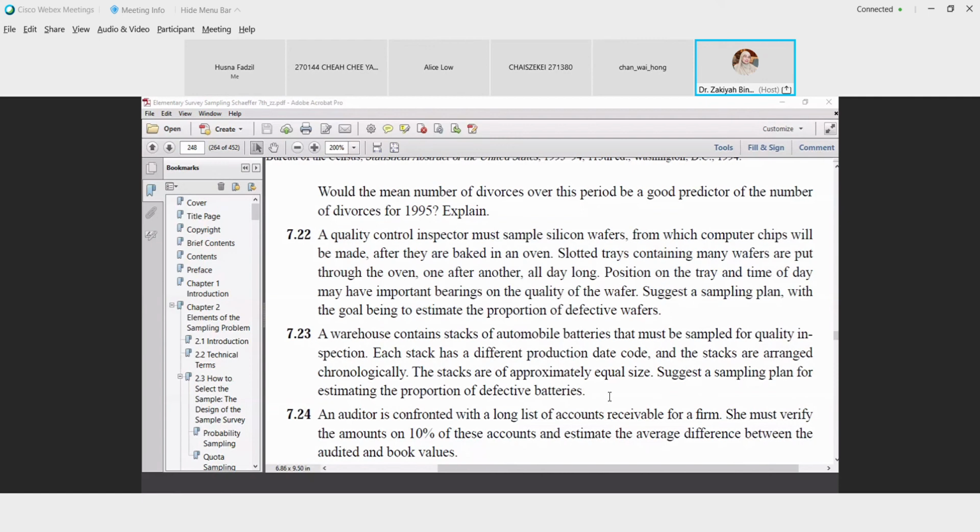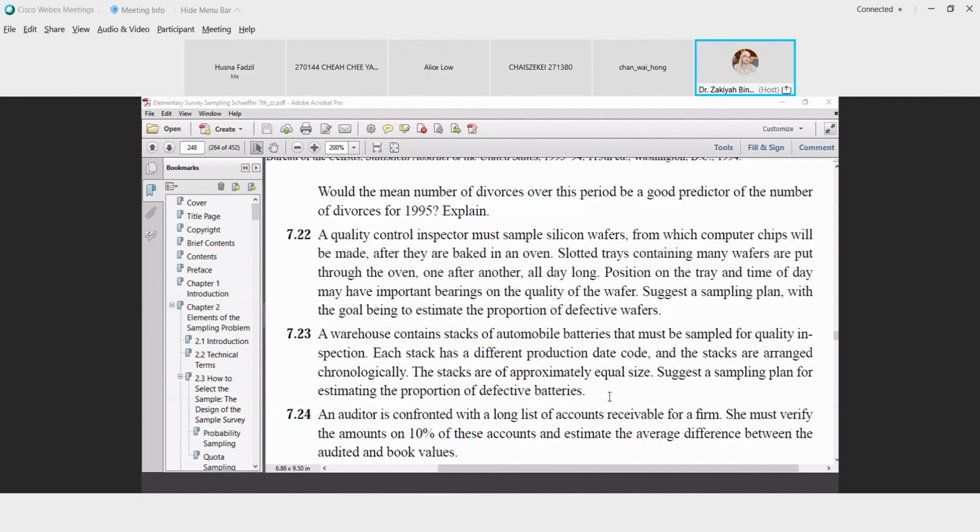First, you stratify maybe by production date code, certain date codes together, perhaps. And then from each stratum, or from each stack, perhaps, you can select the sample systematically.